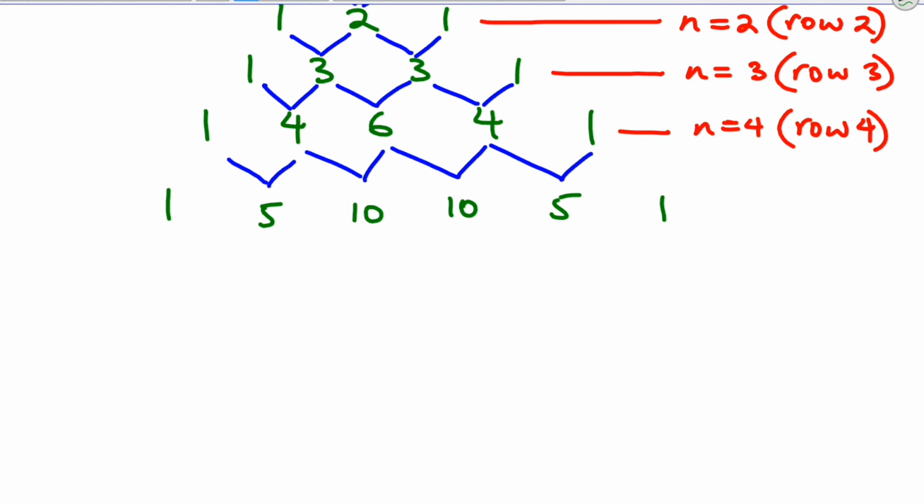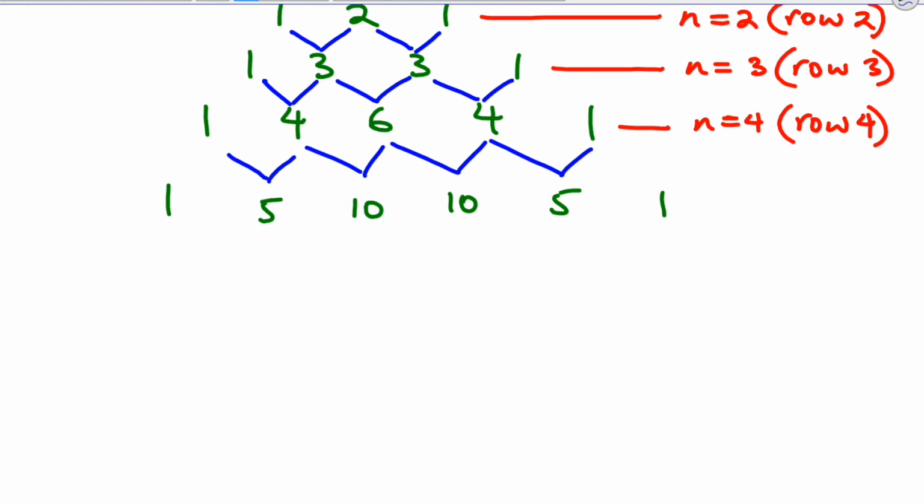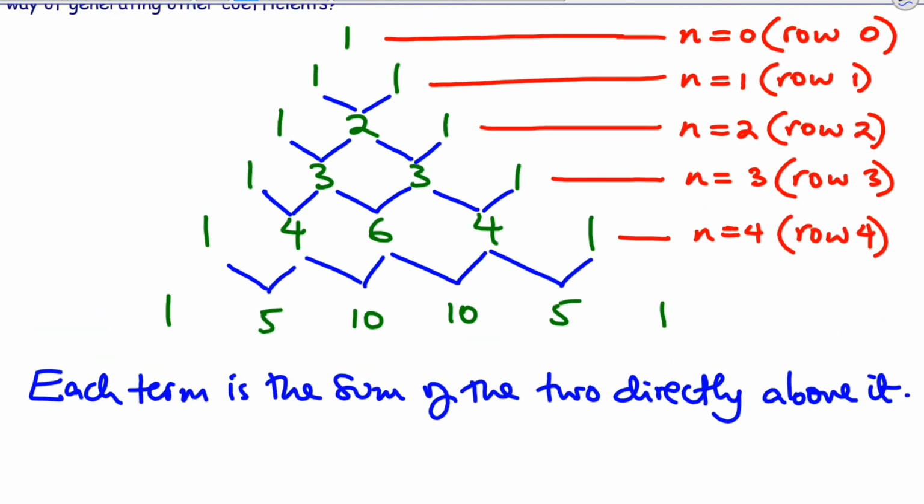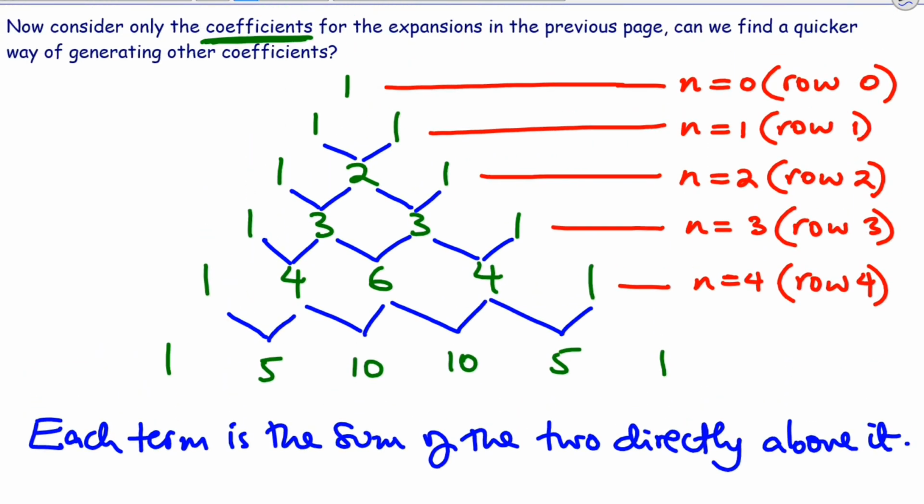The first thing is, notice that each term is the sum of the two directly above it. And another thing is that Pascal's triangle is basically this array of numbers. So this triangle that we have here is what we call Pascal's triangle.